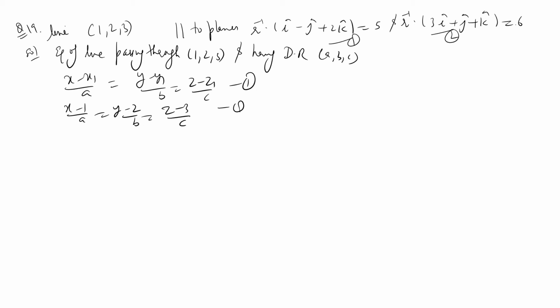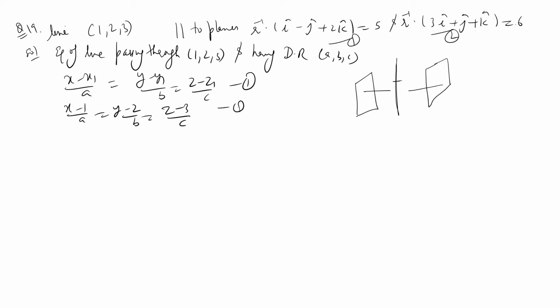Now see, the line is parallel to the planes. Just look at the condition. If a line is parallel to both the planes, then the normal to this plane and the normal to that plane are perpendicular to this line also.